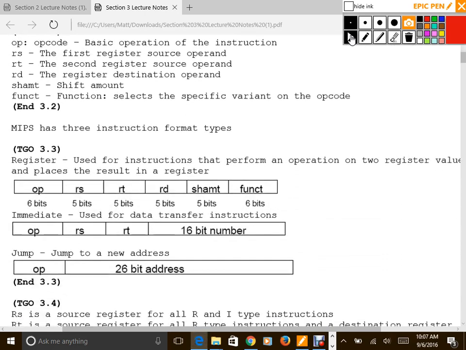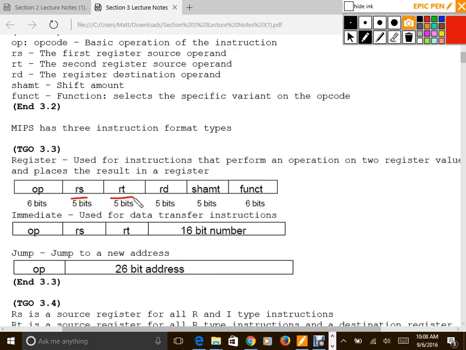And so there are 3 instruction formats. The one that I gave you here is what's known as a register instruction. You will see this TGO again. Registers are used for instructions to perform an operation on 2 register values and place that result in a register. So I have 2 register values, RS and RT.